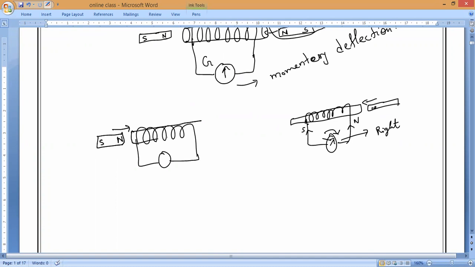If you notice, this will become the north pole and this the south pole of the solenoid. Here the current is moving in the clockwise direction, so the galvanometer will deflect towards, what, guys? Towards the left. Like this the current will pass. Understand? Opposite to the first case. Okay, Arvind? Bhumika, have you understood this one?